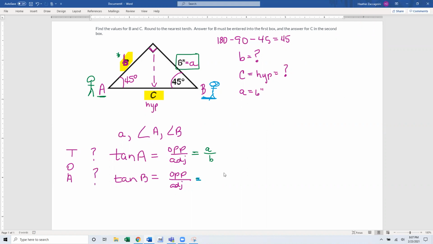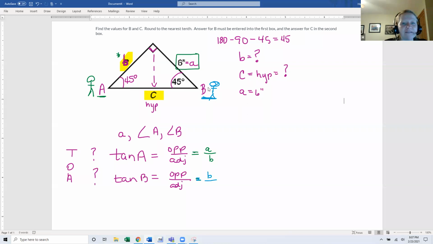Little b. Little b. What's the adjacent side from angle B? Little a, right? Because it can't be the hypotenuse, so it has to be little a. So we see again that tangent A and tangent B are just the inverse of one another. It just means we flip it over and we have the other one.